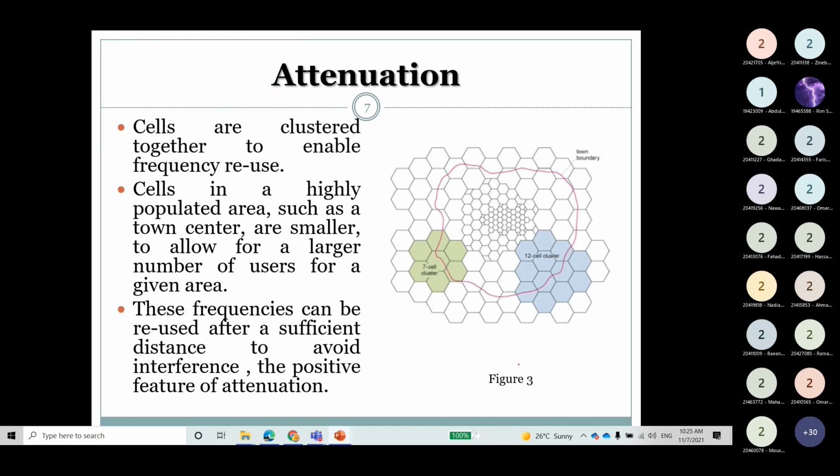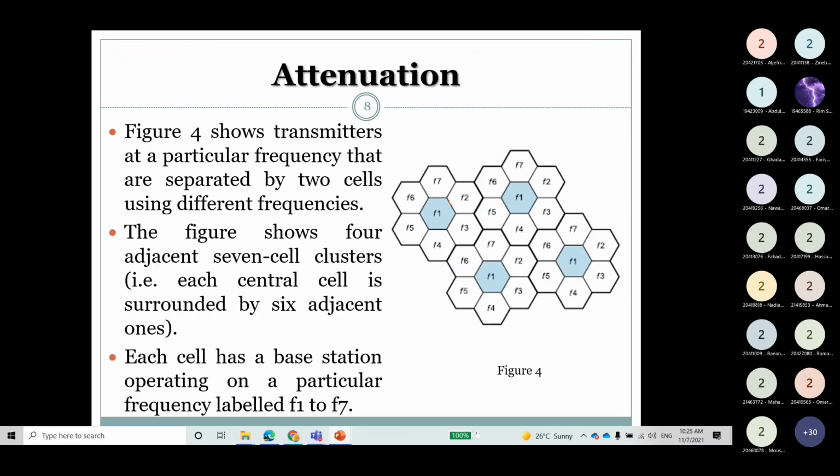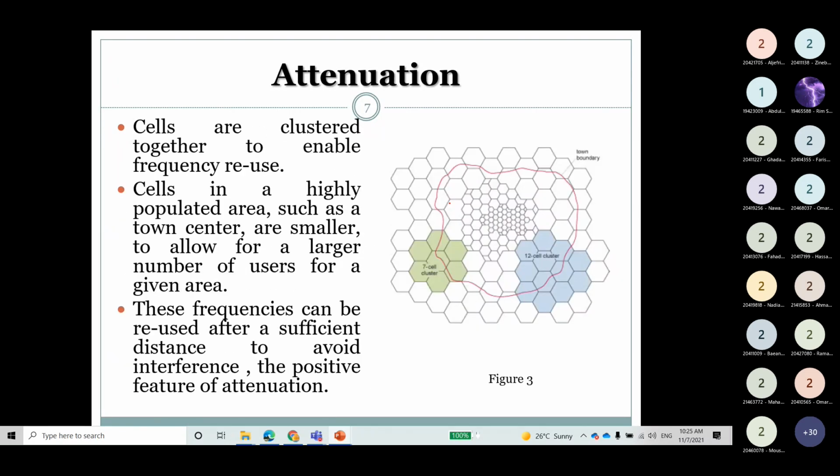As you can see here, the cells are clustered together to enable frequency reuse. This is one cell, this is 2, this 3, this 4, 5, etc. We can have cells in a highly populated area.